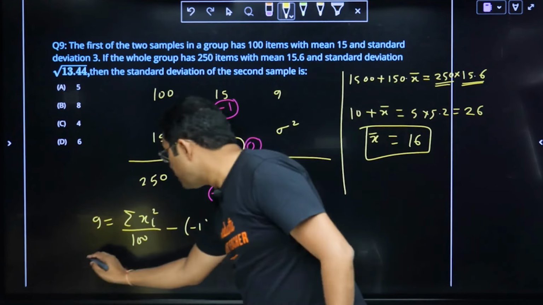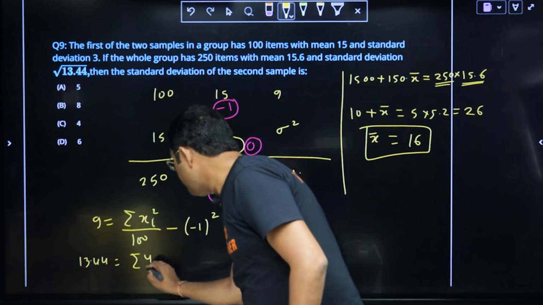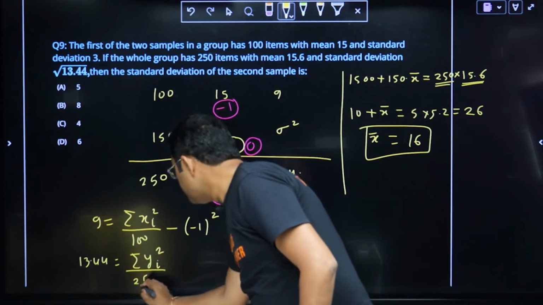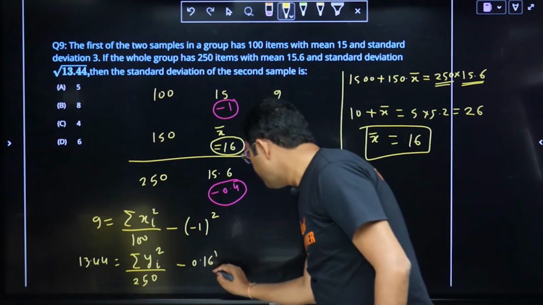Similarly, 13.44 will be equal to summation of yi square upon 250. That is actually the mean of squares of the entire data, including this also, that is for 250 data, minus the square of mean, which is 0.16 here.